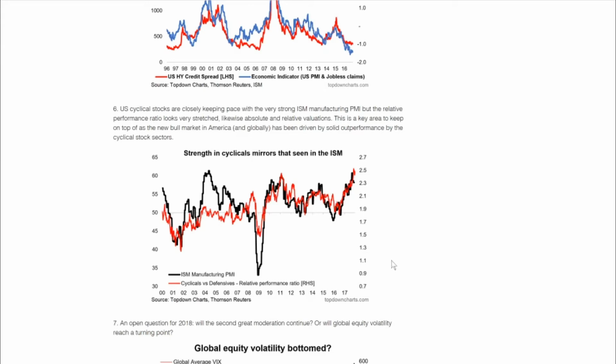So that one is another case of looking pretty good, but there's also some cause for concern in there, in that there is such a thing as being too good.